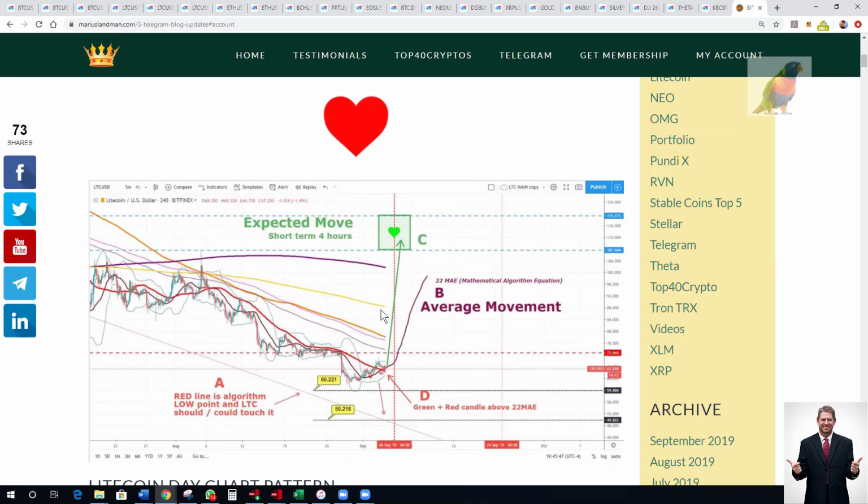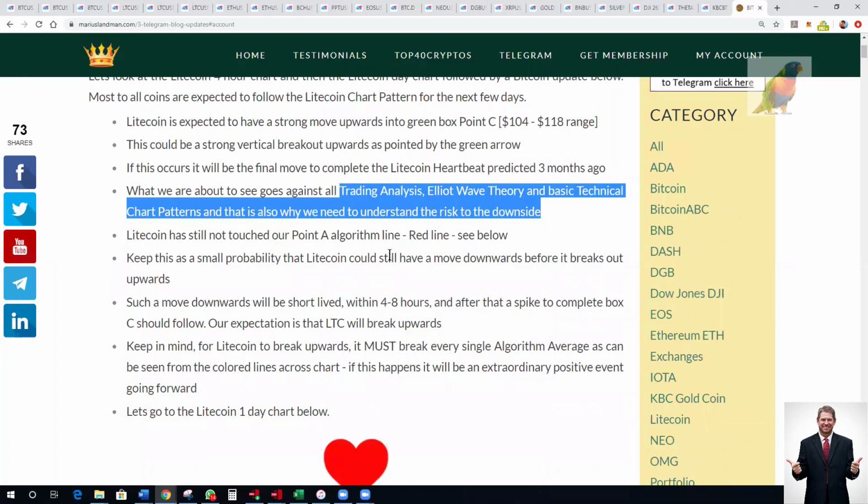But if this happens, it's going to be such a big event. It only happened twice in the entire history of 10 years in Bitcoin. I get goosebumps just thinking about it. If this pattern comes and repeats itself, man, it will be unbelievable. So we're hoping for that.